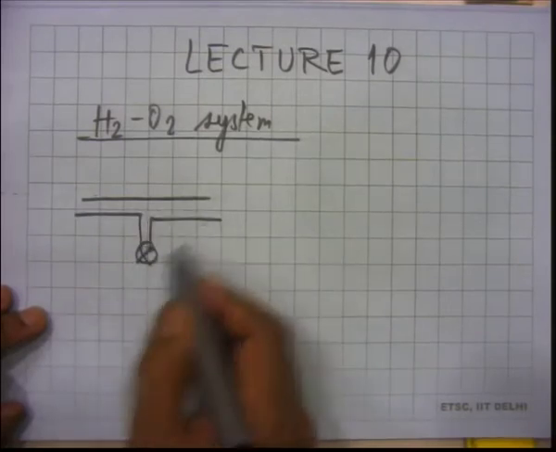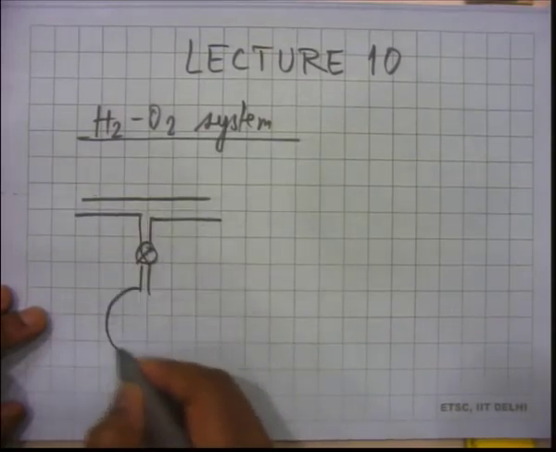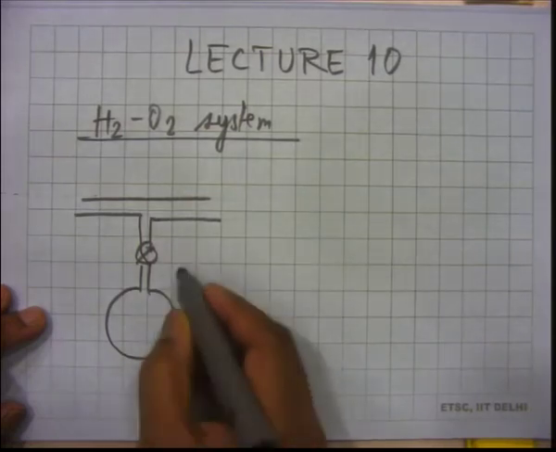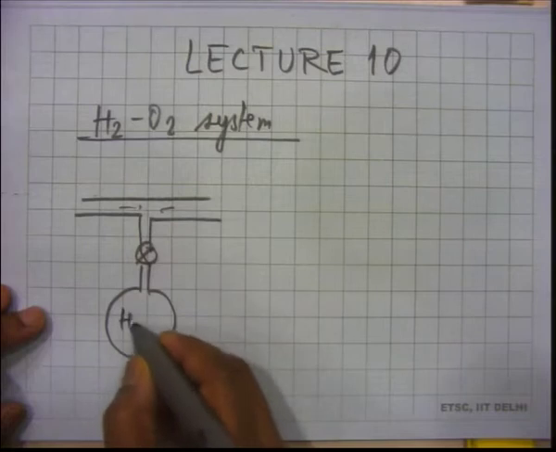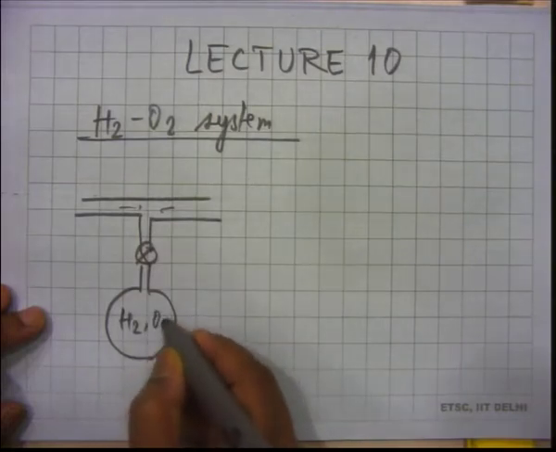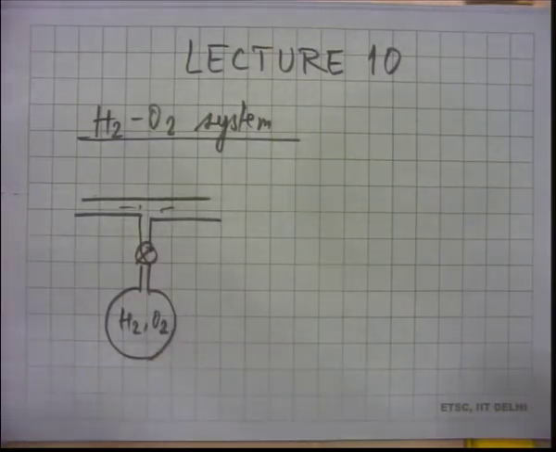So, we are trying to think of a situation where we have a vessel, and in that vessel we are sending hydrogen and oxygen, as a hydrogen and oxygen mixture, and let us also say that this is a stoichiometric mixture.